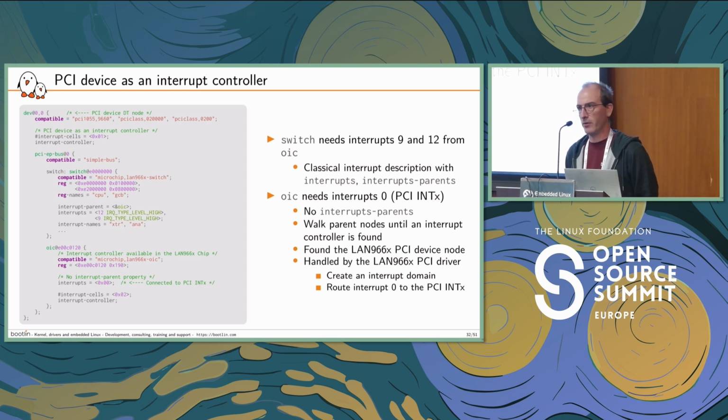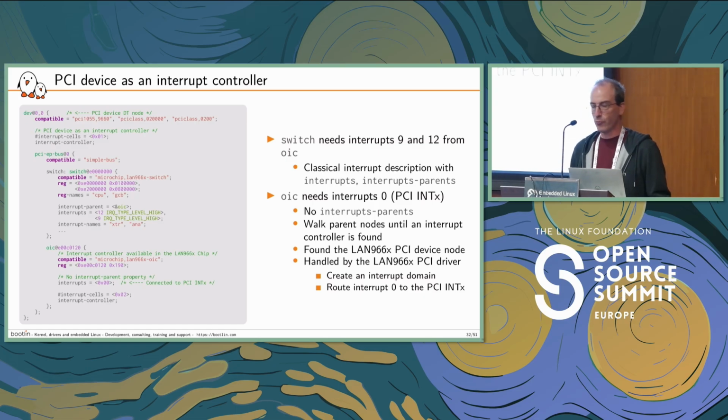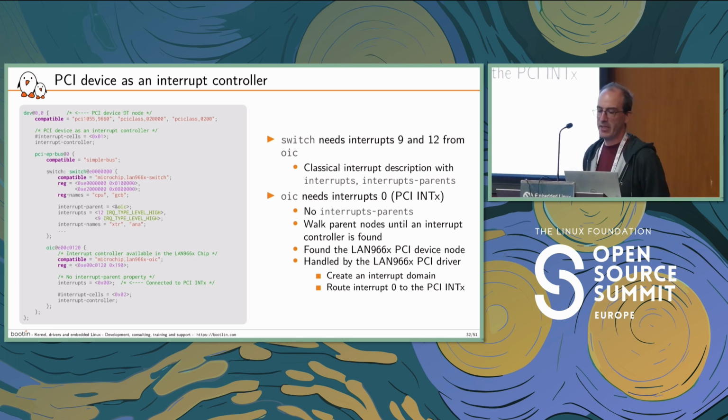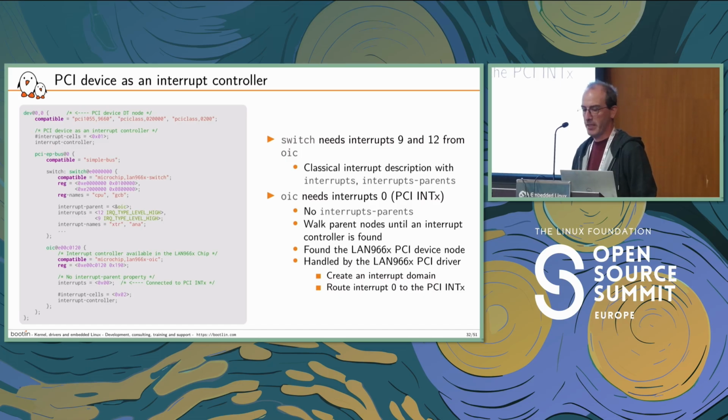So the OF core, when it resolves this interrupt mapping, works up the parent nodes until it finds an interrupt controller, well, an interrupt controller or interrupt map. In our case, an interrupt controller. So it goes up to the PCI device and considers it as an interrupt controller. It is the responsibility of the PCI device driver to route interrupt 0, used by the OEC controller, to the PCI INTx.